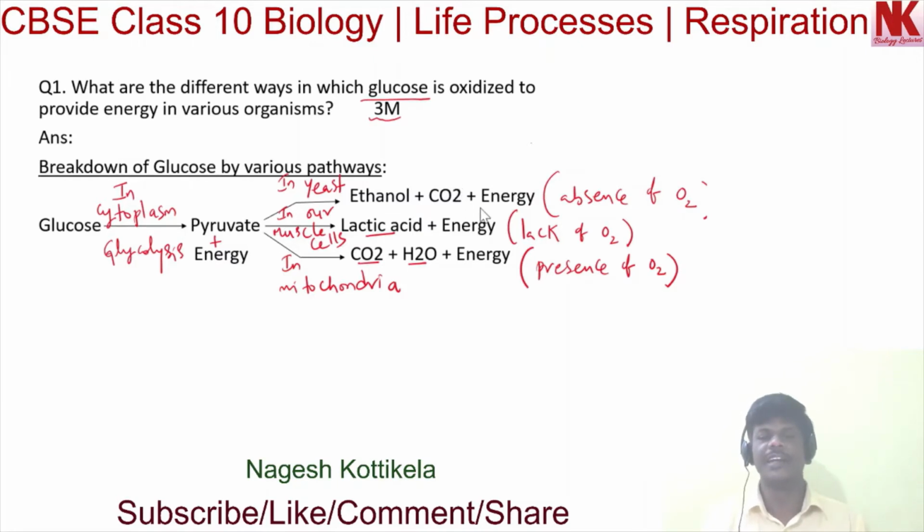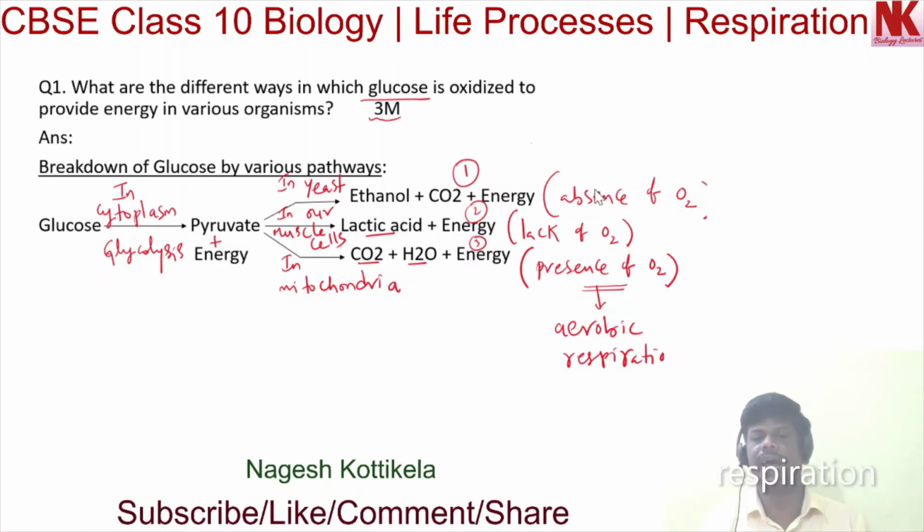Here, this is the first one, this is second, and this is the third. This third one is in the presence of oxygen, so it is called aerobic respiration. Now, this is in the absence of oxygen, so it is anaerobic respiration.